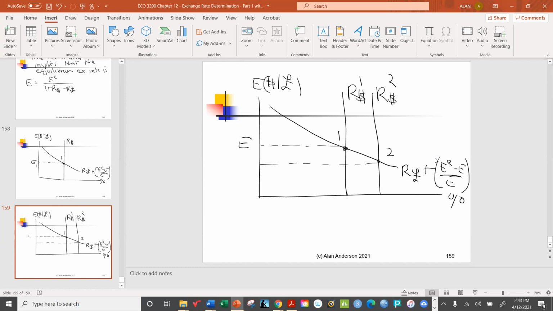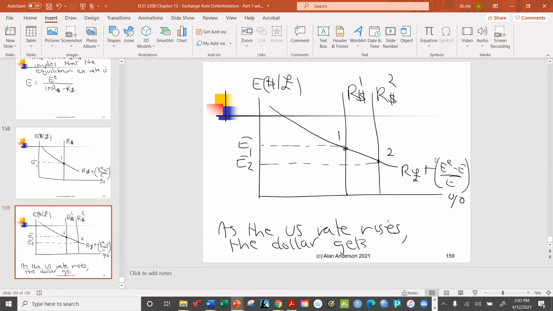All right. So what this is telling me is that as the US rate rises, and in this case, that would be the eurodollar deposit rate, the dollar gets stronger. Why is that, by the way? Because what's happening is that dollars are now more attractive than sterling.